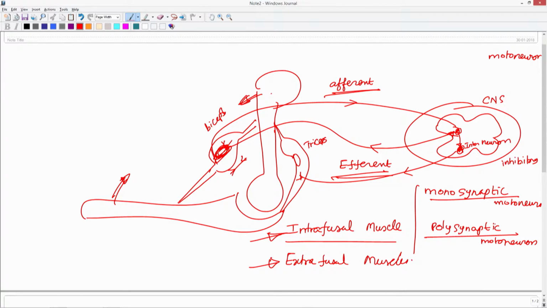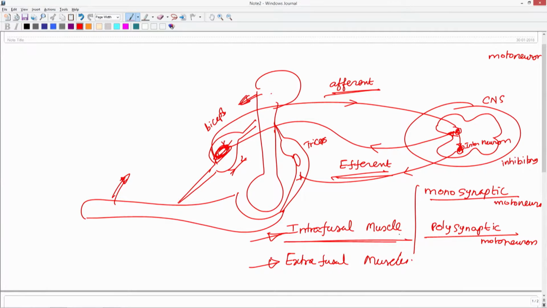Polysynaptic is usually multiple motor neurons, maybe inhibitory. Intrafusal is the muscle embedded inside the muscle, extrafusal is the outside muscle, and then we saw kinesthesia and proprioception.